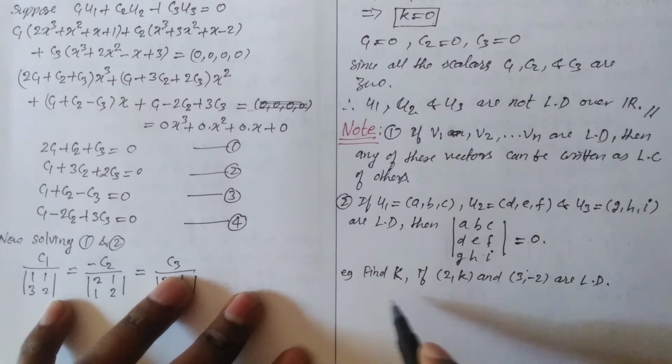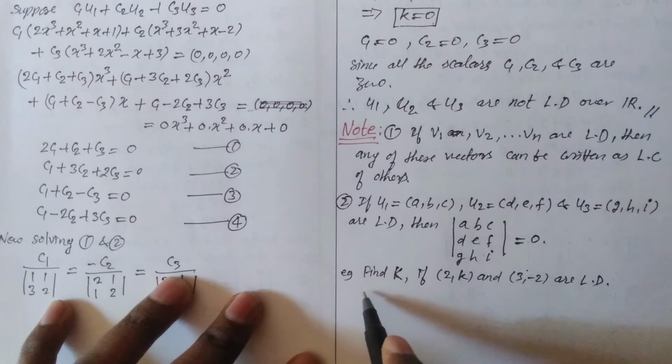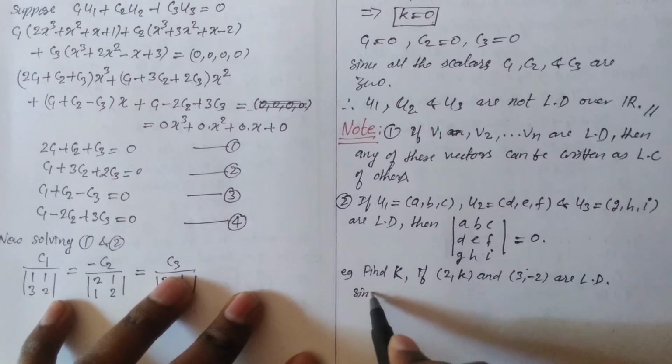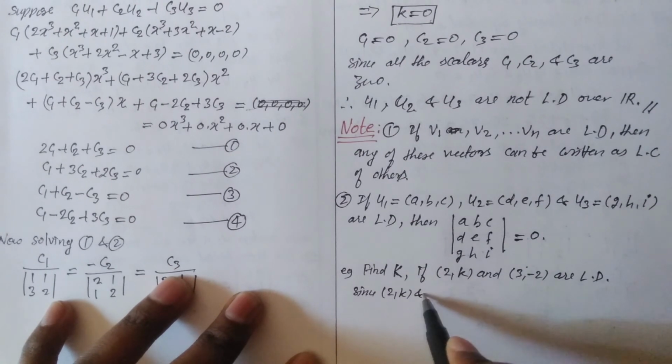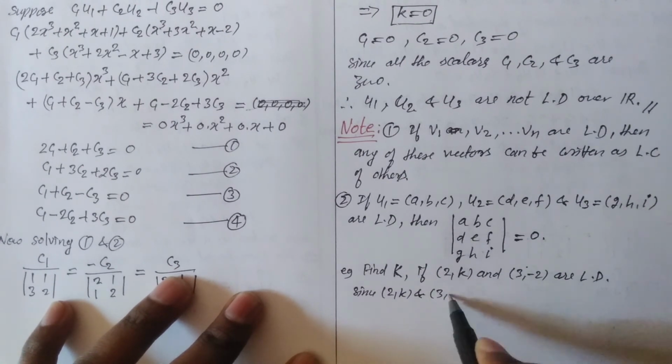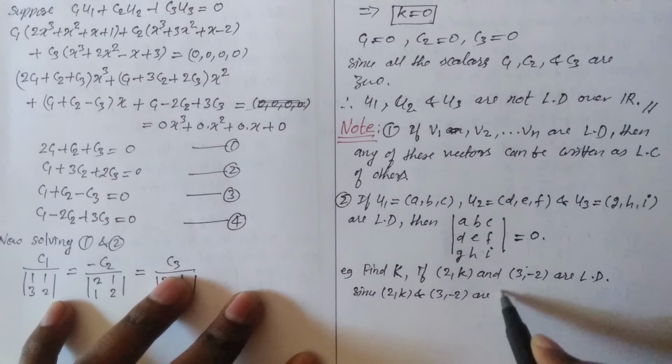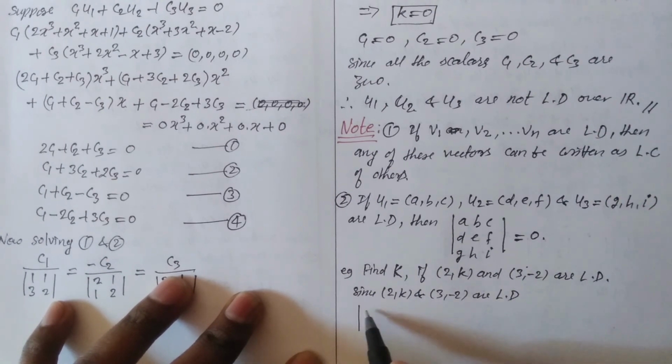We simply find the determinant of this. Since 2 comma k and 3 comma minus 2 are linearly dependent, so their determinant 2 k 3 minus 2 must be 0.